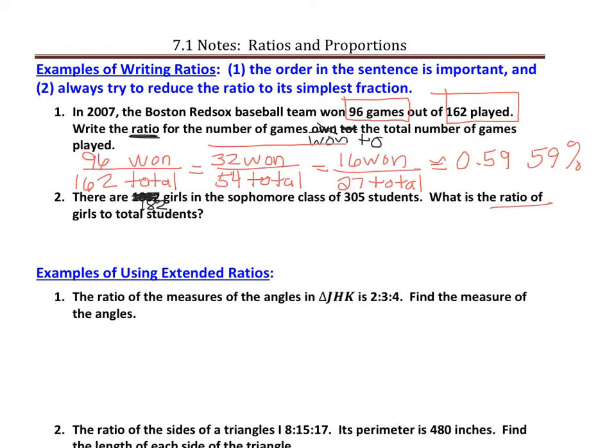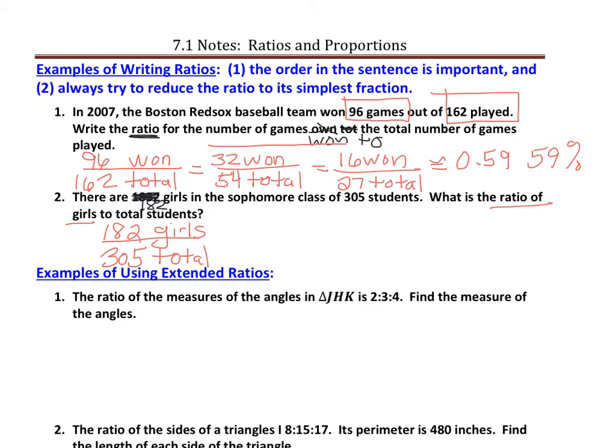Again, girls came first in the sentence, so girls will be in the numerator, and total came second in the sentence, so that will be the denominator. So we have 182 to 305.